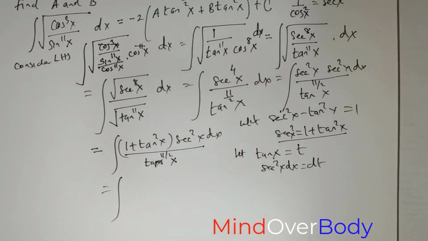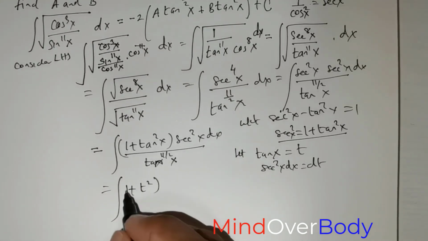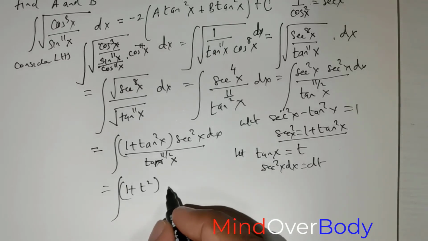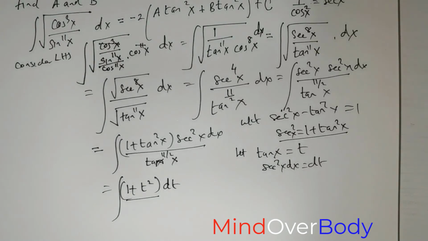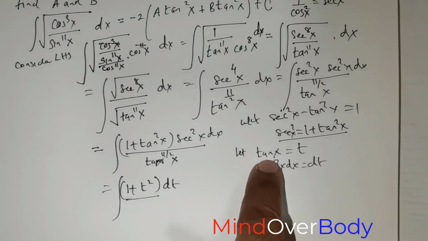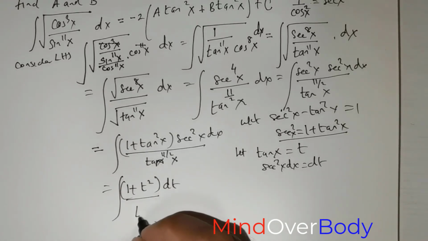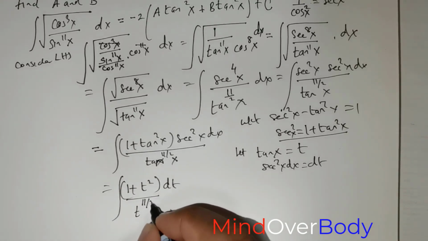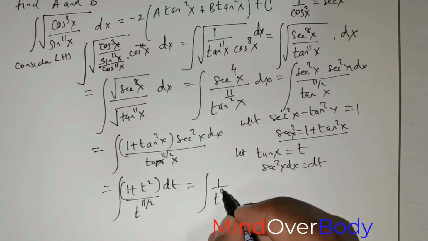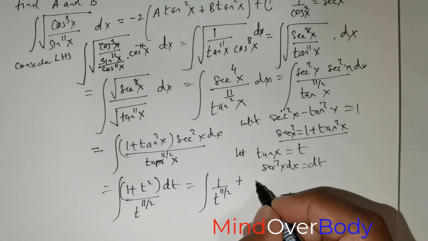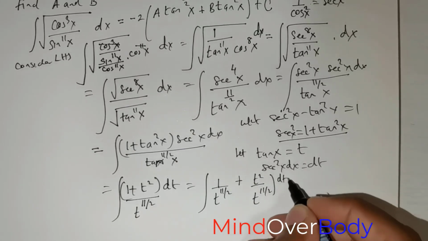So this is equal to the integral of 1 plus, in place of tan x is going to be t squared, in place of secant squared x dx is going to be dt, and the denominator is going to be replaced with t, right? Tan x is equal to t, so this is going to be t raised to the power of 11 over 2. I can rewrite this as 1 over t raised to the power of 11 over 2 plus t squared over t raised to the power of 11 over 2 times dt.